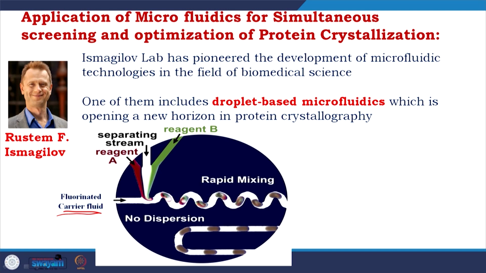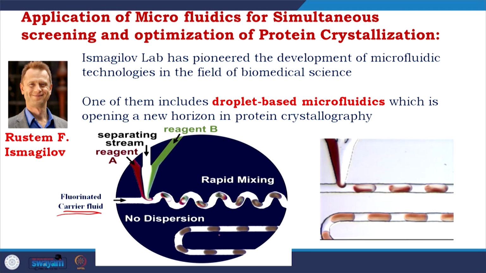And now they are making separate droplets. That is why it is droplet microfluidics. And see, they are going that way and they are separated now. So, you say drop, right, but you do not need to have separate chambers like we had before in the case of sitting drop or hanging drop.